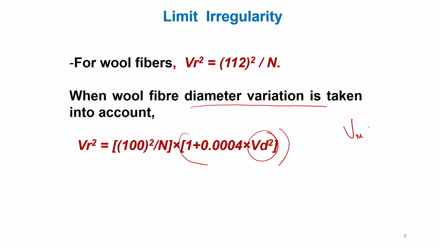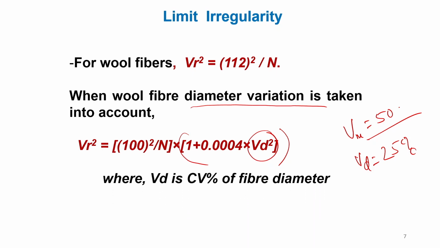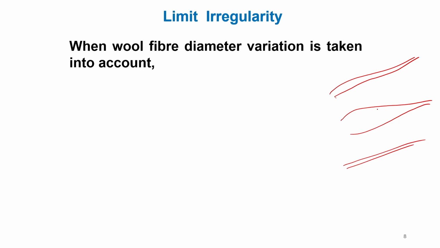Vm was the variability in mass per unit length for wool, approximately 50, but Vd, sorry, is the diameter variability, which is approximately 25% for wool. So, Vd is the CV percent of diameter, because wool diameters are different. So, within wool also it is changing and even between wool, so the diameter variability is there.